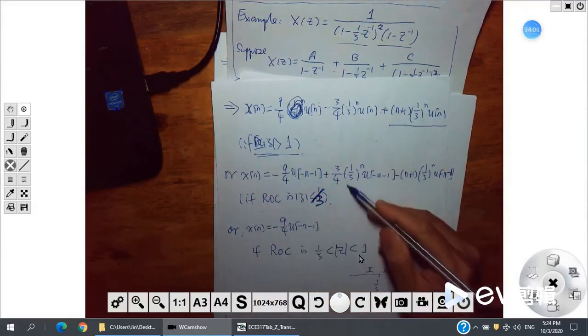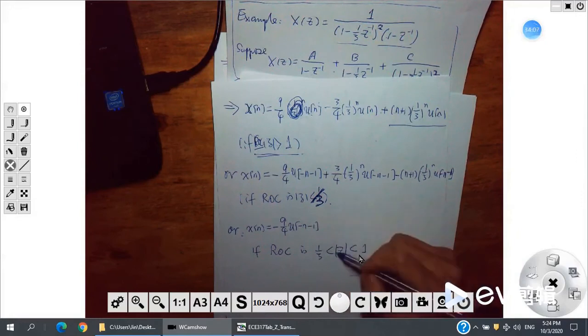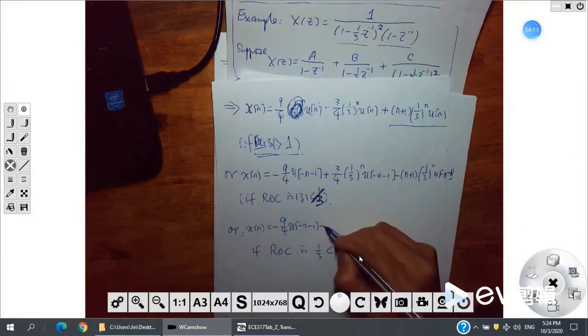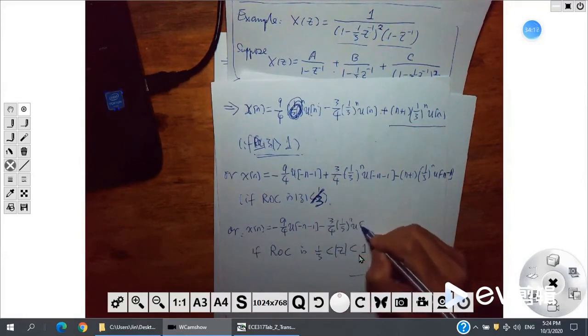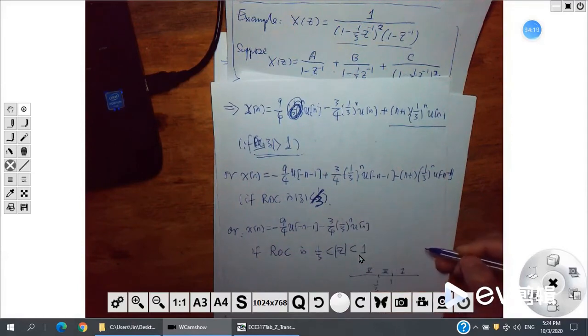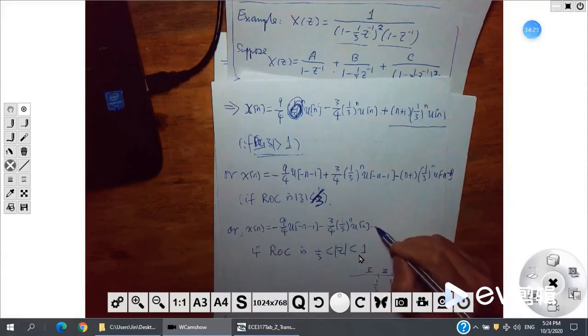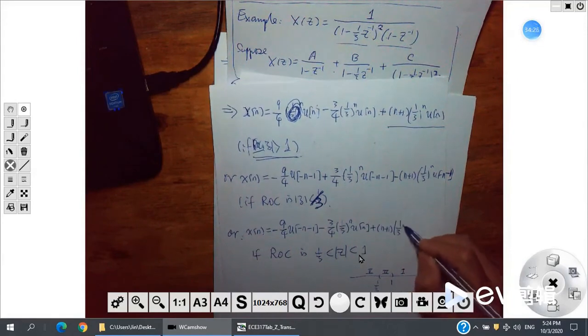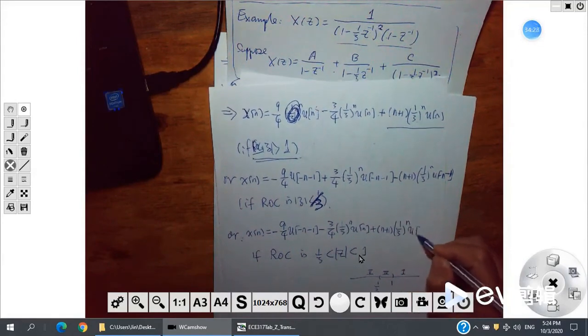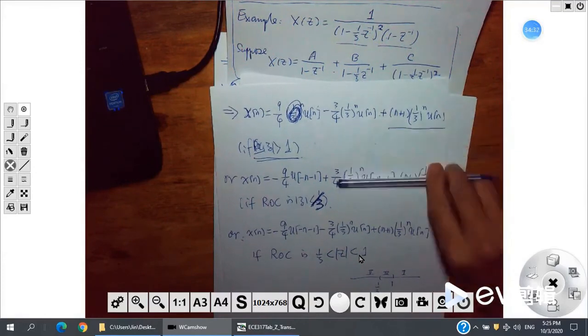And the second term, now z is larger than 1/3, so this is a negative 1/4 times b times 1/3 to the n and u of n, plus n plus 1 times 1/3 to the n and u of n. Alright, so we have these three cases.